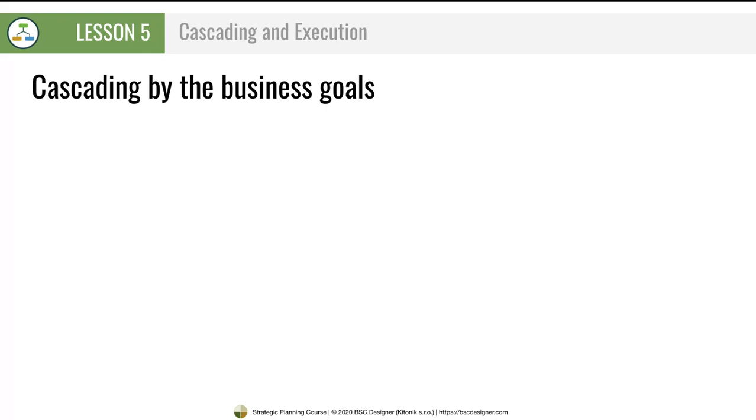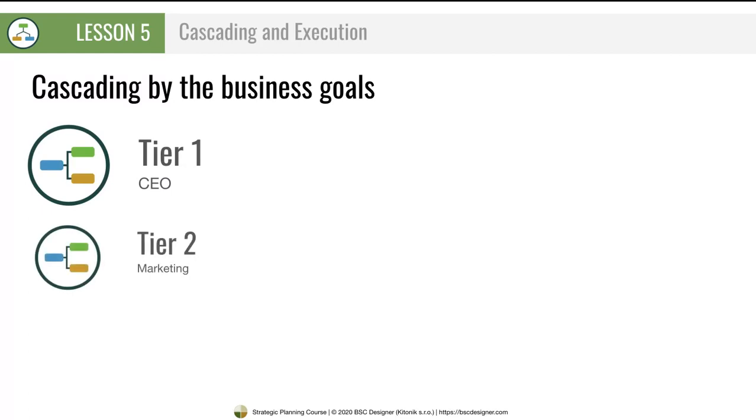It means that on each level we discuss the best ways to contribute to the strategic goal. Let me illustrate this with an example. Imagine that we have different levels of the organization. Let's call them Tier 1, Tier 2, and Tier 3. Tier 1 is CEO, Tier 2 is marketing, and Tier 3 is a team of copywriters.